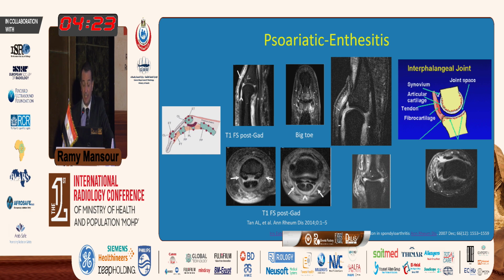In the middle, you can see the arrow here. There is inflammation of the extensor tendon, particularly the area close to the joint, because this is where the fibrocartilage is involved. So this is a sign of early active enthesopathy in these patients.